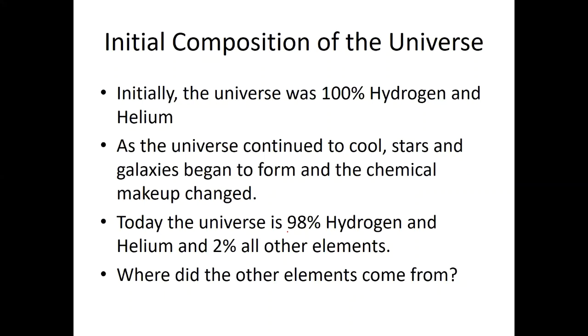Until today, 98% of the universe is still hydrogen and helium, but 2% is all other elements. All other elements that have 3 or more protons in their nucleus, which is most elements you can think of: carbon, nitrogen, oxygen, copper, potassium, calcium, magnesium, sodium, chlorine, gold, you name it, right?